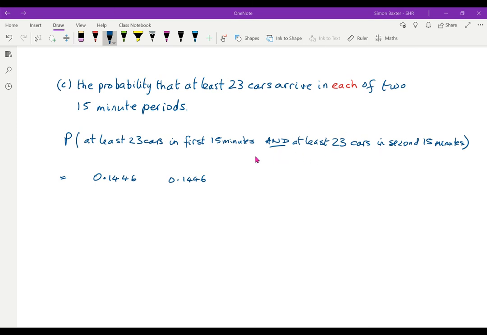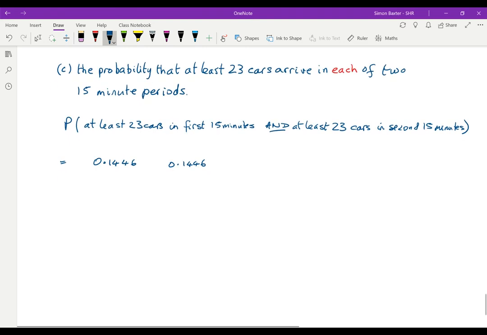The periods of time are independent. So my 2 events are independent. I can multiply the probabilities. And when I do that, I get 0.0209. This time I give 3 significant figures because I've used my calculator.